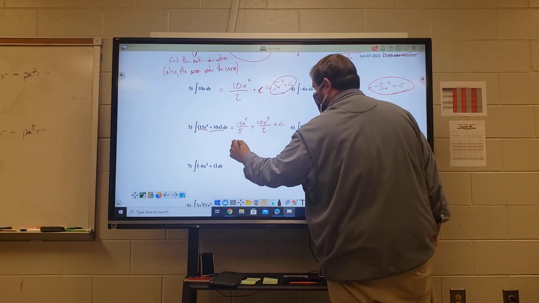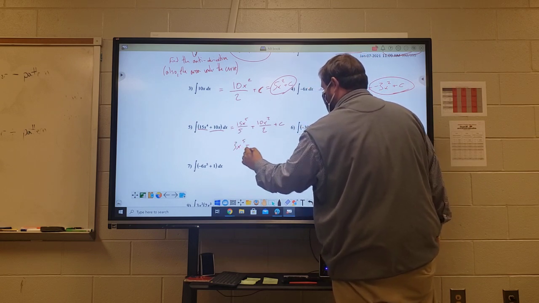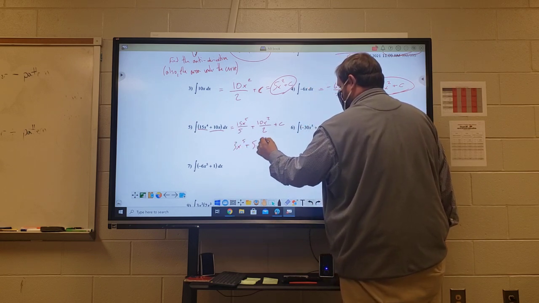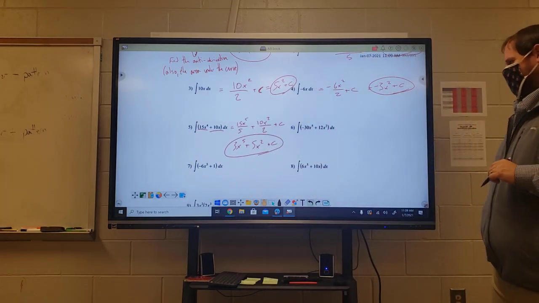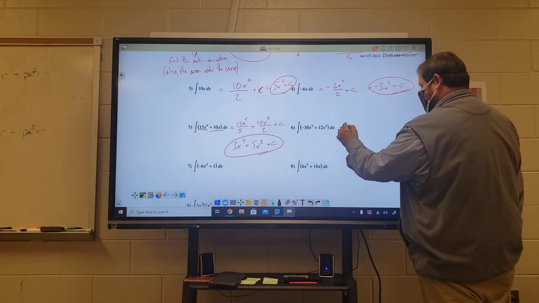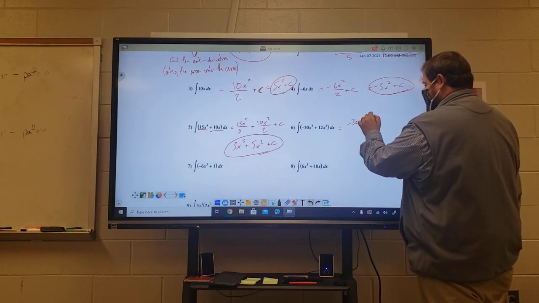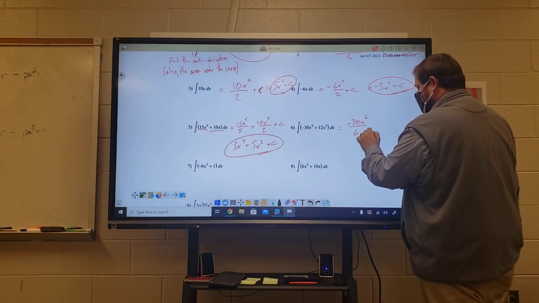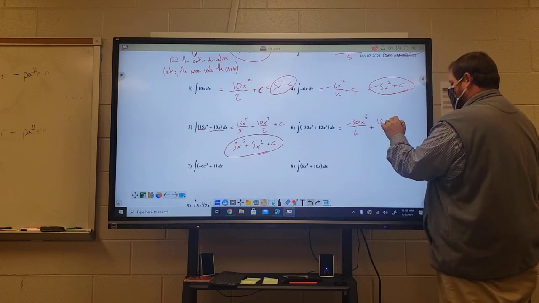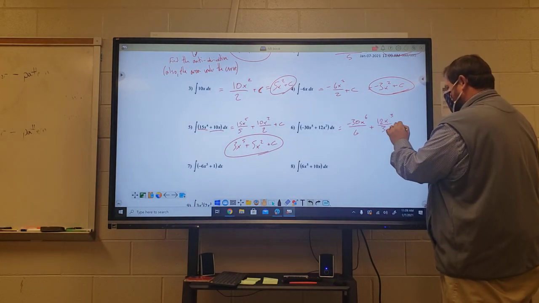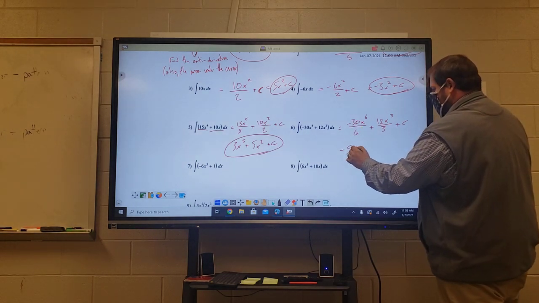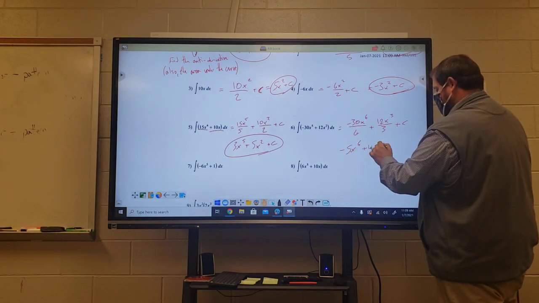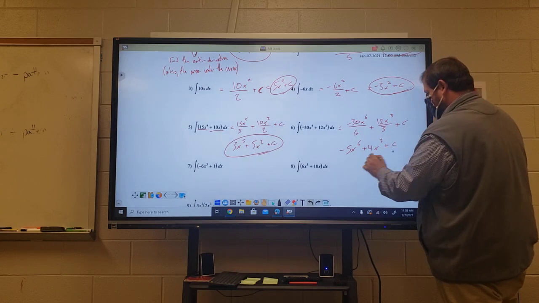And then simplify: 3x to the 5th plus 5x squared plus c. Next, negative 30x to the 6th divided by 6 plus 12x to the 3rd divided by 3 plus c. Final answer, negative 5x to the 6th plus 4x cubed plus c.